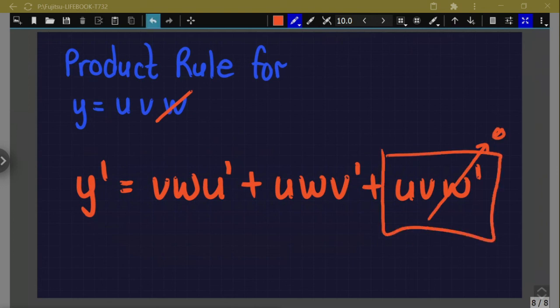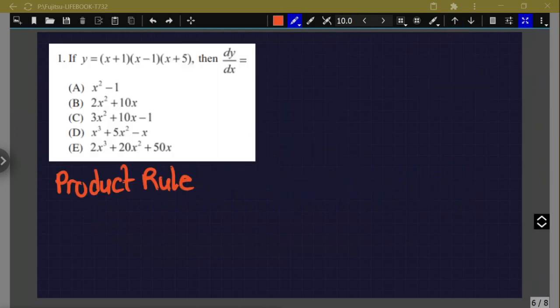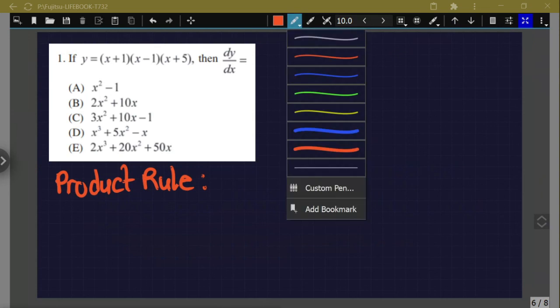So you can use the same rule for not only 2 or 3, but 4 or 5 factors; you just continue with the same pattern over and over. Let's go back and use the product rule to do this one.